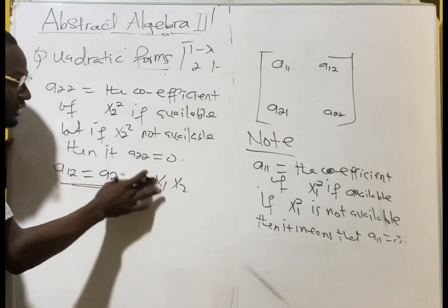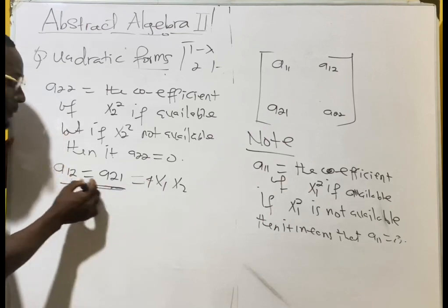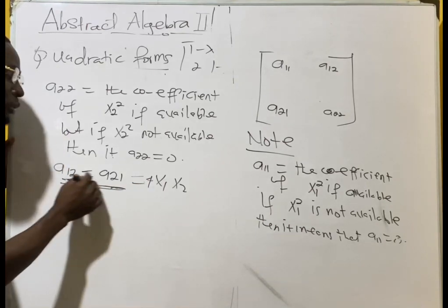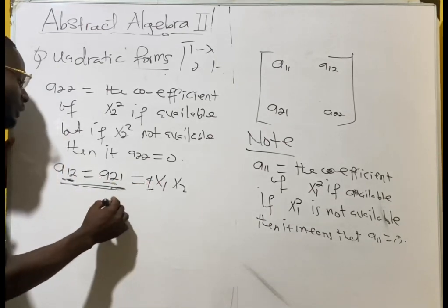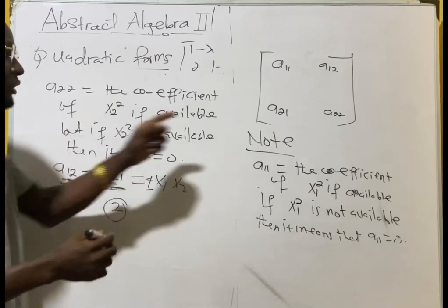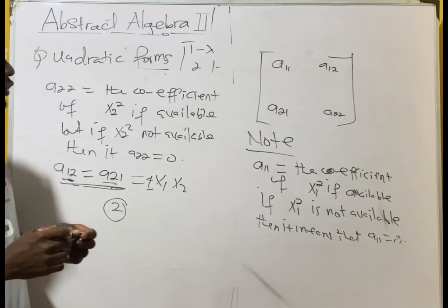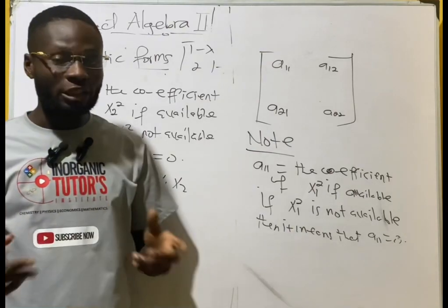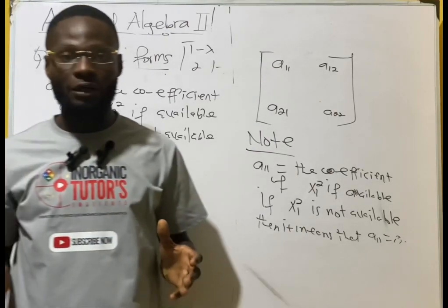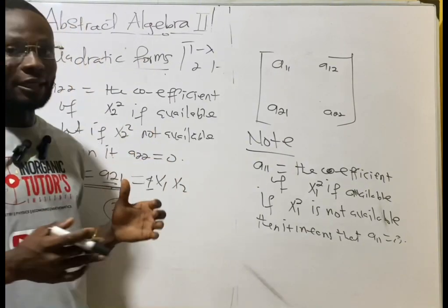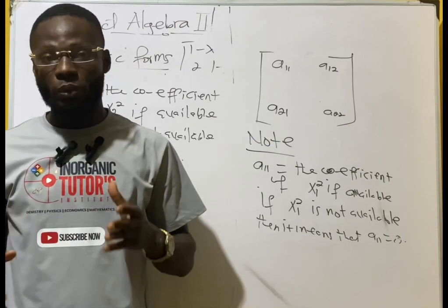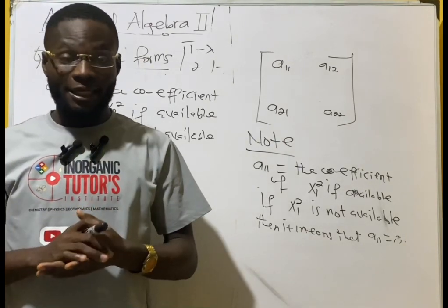So if the coefficient of this is 4, then it means that you are going to share for A12 and A21. So that is going to be 2. So that represents A12 and A21. Take note. So these are the basic things you need to be able to work your way out when it comes to this kind of problems. So we continue with the 3 by 3 cases.